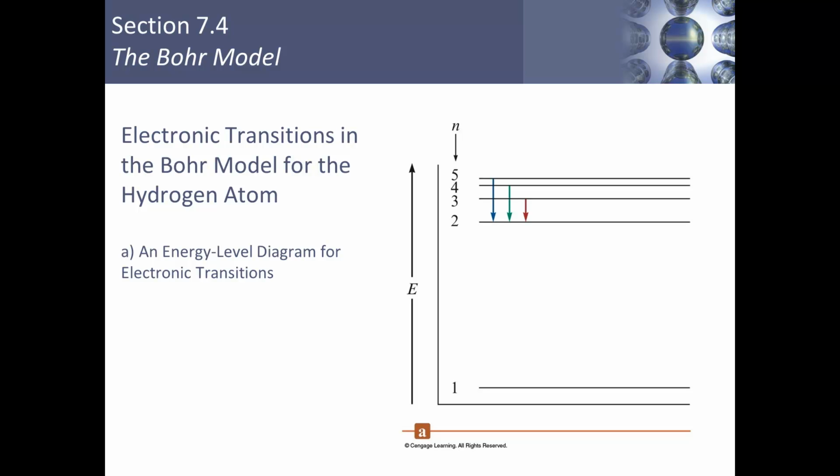Notice that the line spacing between n equals 1 and n equals 2 is very large, and as we go from n equals 2 to n equals 3, n equals 3 to n equals 4, and n equals 4 to n equals 5, the spacing between energy levels becomes smaller and smaller.